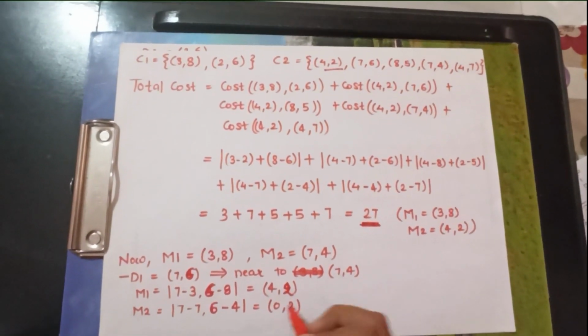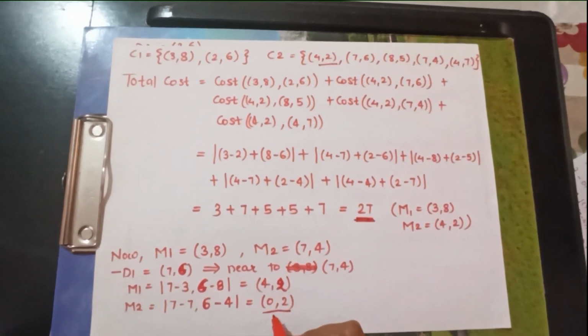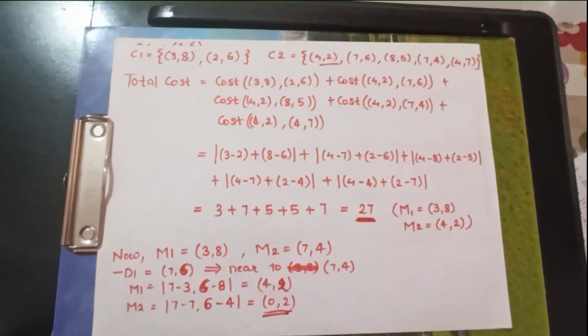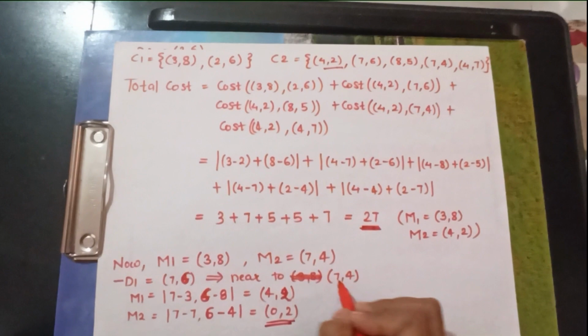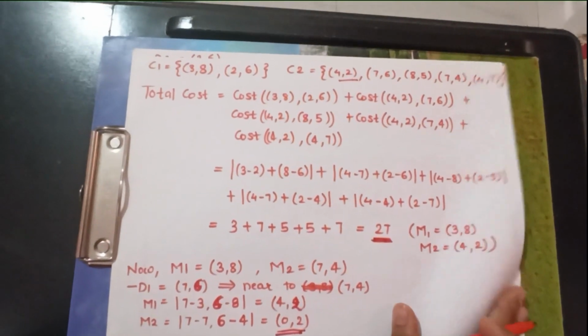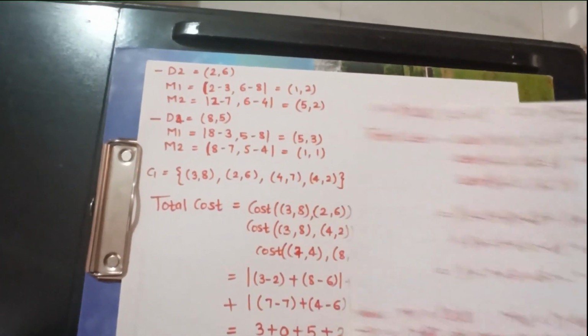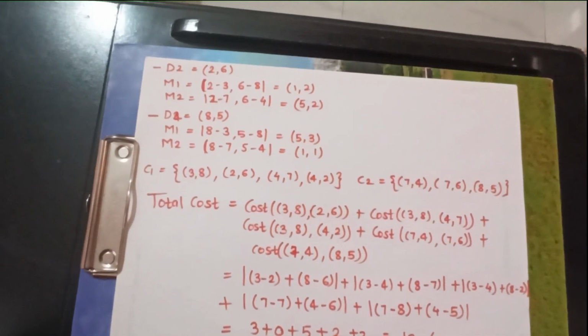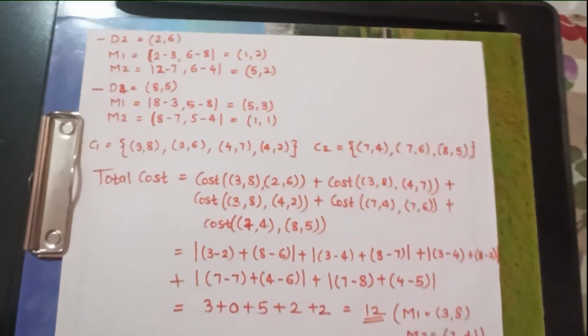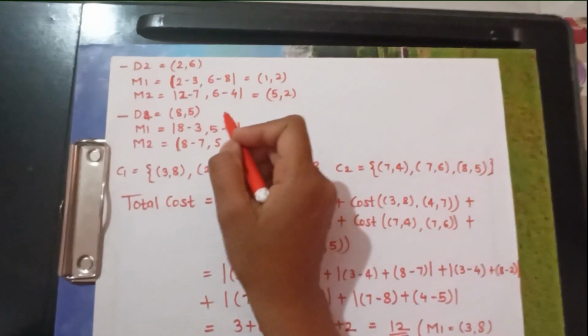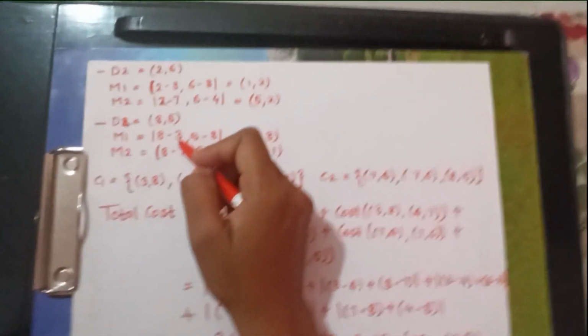On comparison you can see that data point 1, that is 7, 6, is near to your medoid 2, that is 7, 4. Similarly for other data points I have calculated this distance.